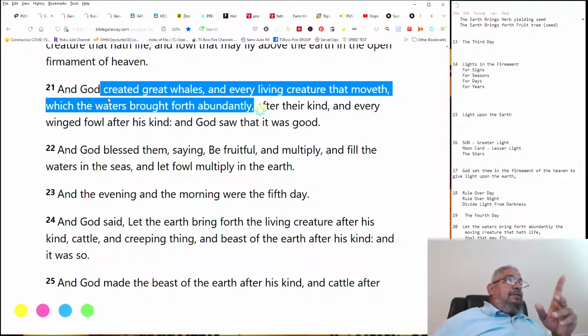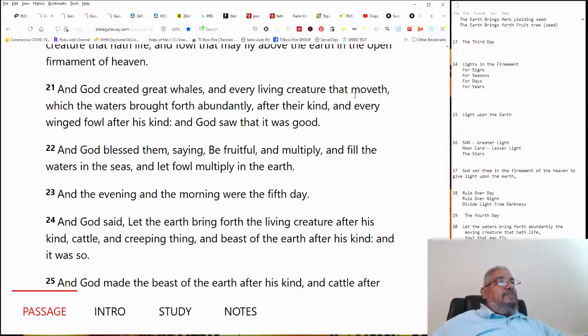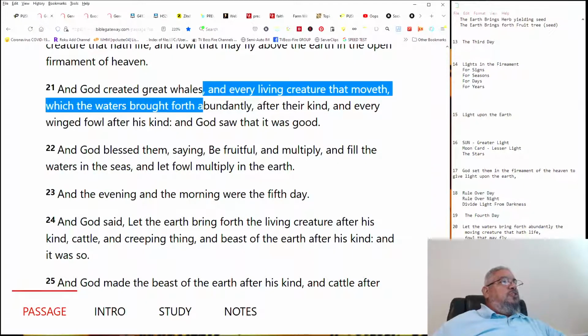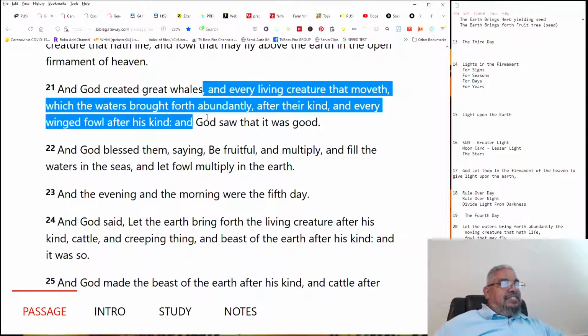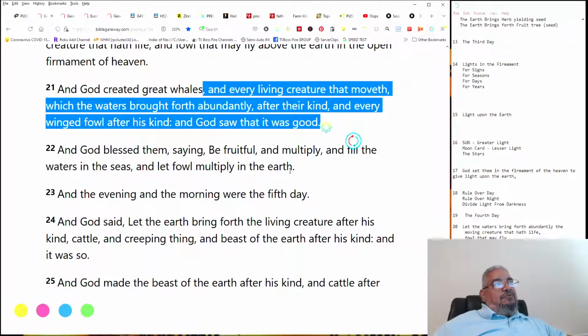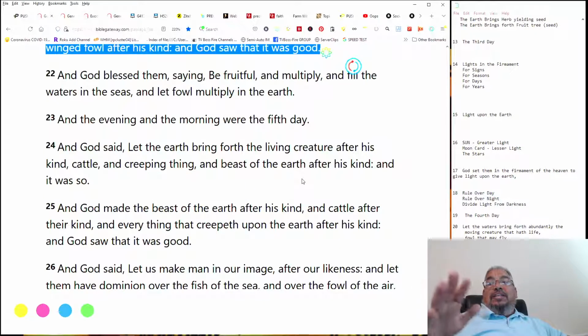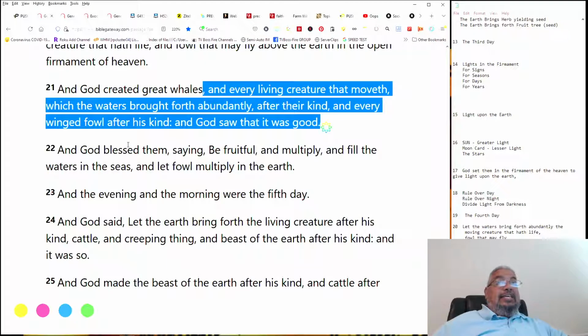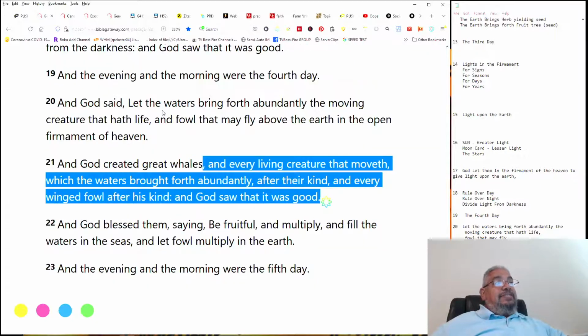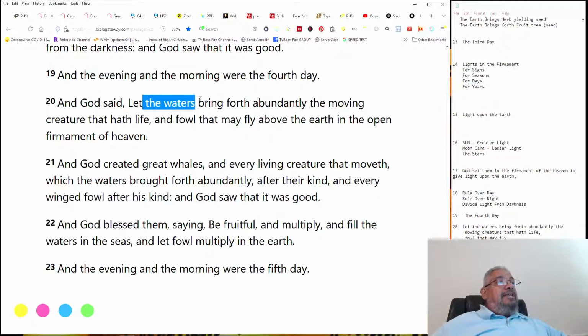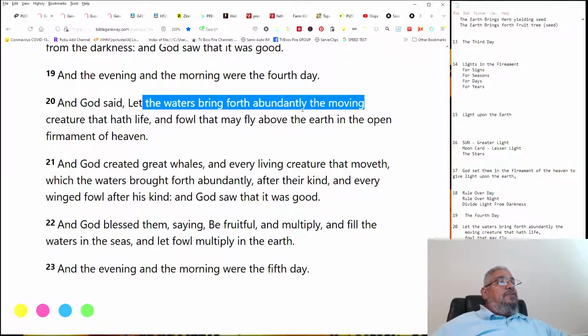And God created great whales and every living creature that moveth, which the waters brought forth abundantly after their kind, and every winged fowl after his kind. And God saw that it was good. Again, you weren't there, I wasn't there, but based on our understanding of God and the difference in terminology, because it would have been easy for God to just simply say, and God created the animals, every moving creature that have life, like he said here.